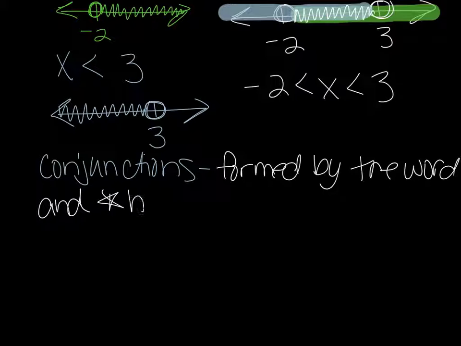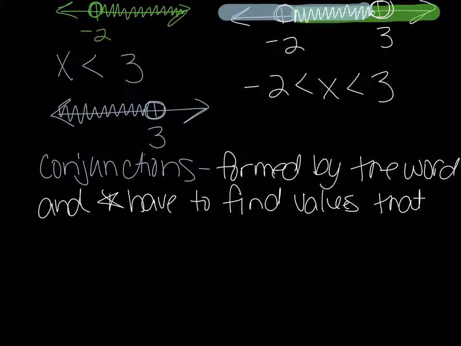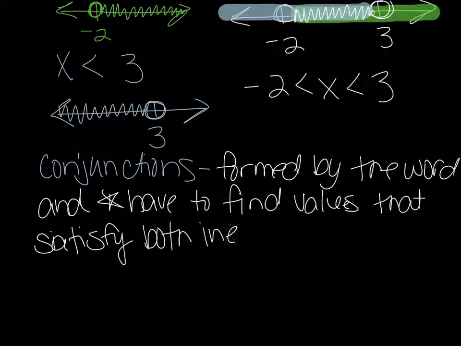And for conjunctions, we have to find the values that satisfy both inequalities. We talked about that. To satisfy both inequalities, that would be the area that they overlap, the area that they have in common. Once again, that's why we're using the highlighters. Does that make sense?